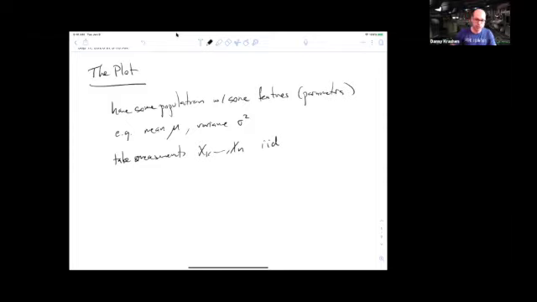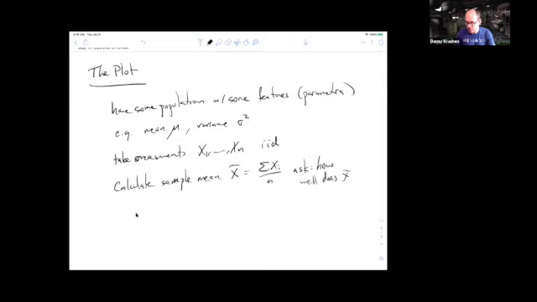The natural example and a good place to start is the sample mean, which we described before, x bar, which is just the average value of these random variables, and we can ask how well does x bar approximate mu? So we've talked about this before, but let me put it in a slightly different language.